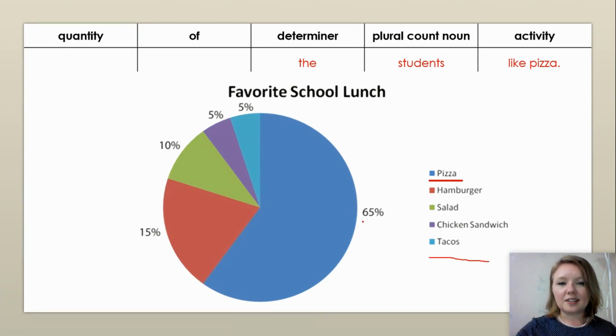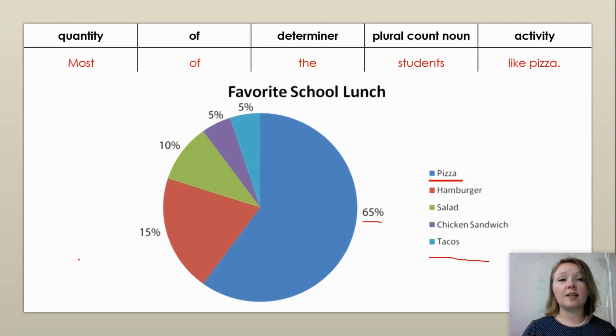Well, we see that 65% of students like pizza. Is that all? It's not all, but it's most. So I could say most of the students like pizza. Most of them do. 65% is most, right? It's more than 15% or 10% or 5%.